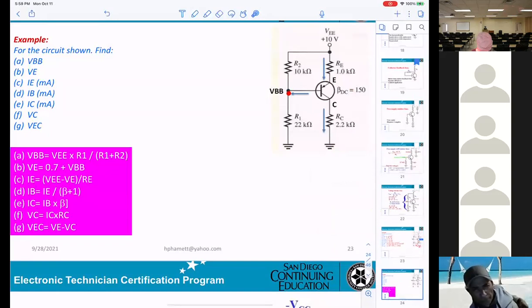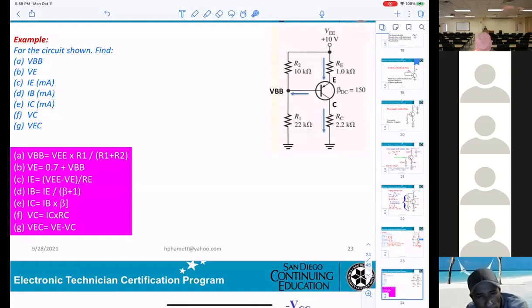From this VB to the root, you already calculated in number A. So in order to calculate the VE, you take that voltage and add 0.7. That's number B. VE equals 0.7 added to VBB.